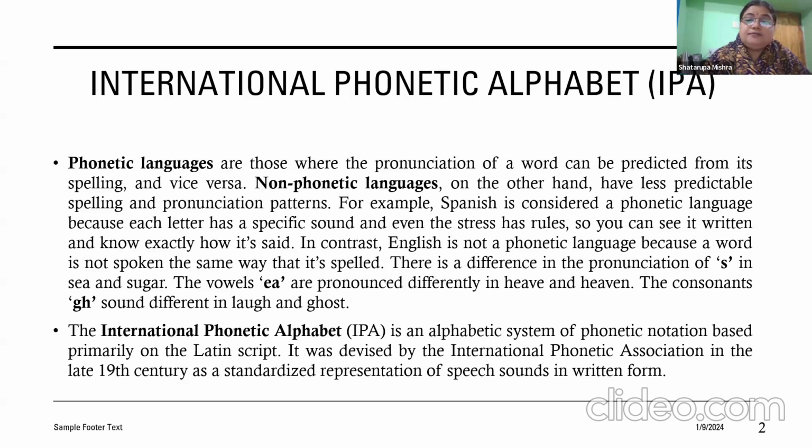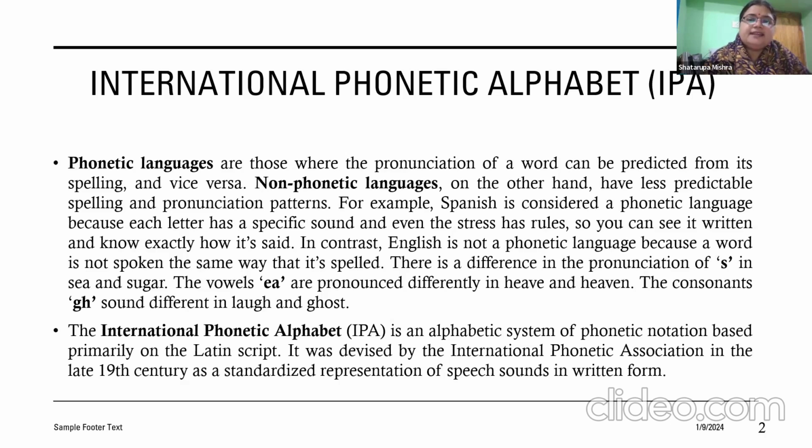Now, if we have two words, heave and heaven, we see that the vowels common in these words are EA, and those vowels are pronounced E in heave and A in heaven.